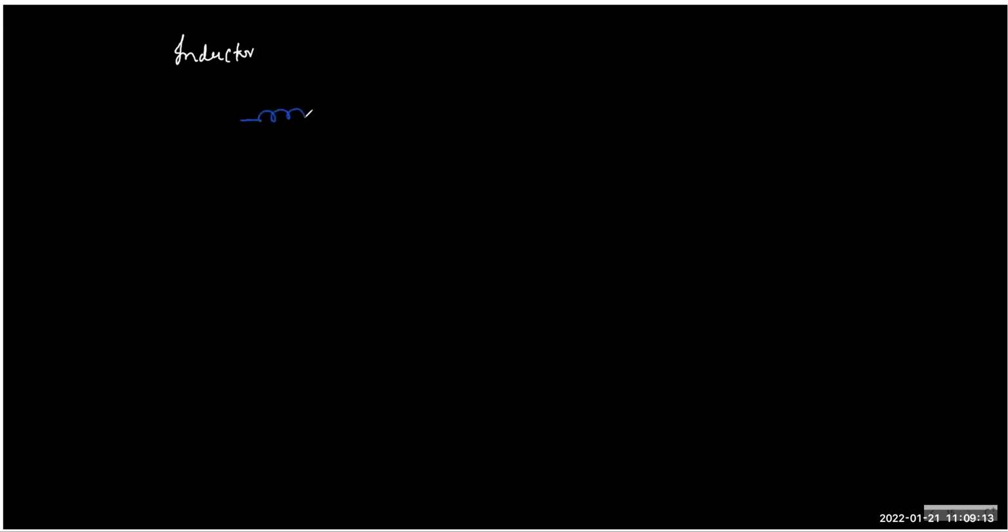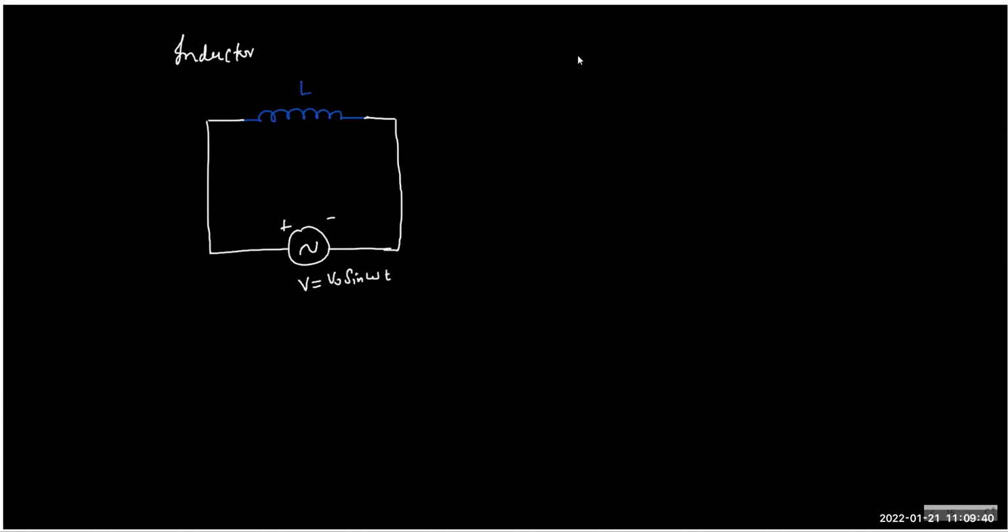If you have a coil, a kind of solenoid, connected across a voltage source, and current is coming like this, let's say it is increasing in value, so this will oppose like this.